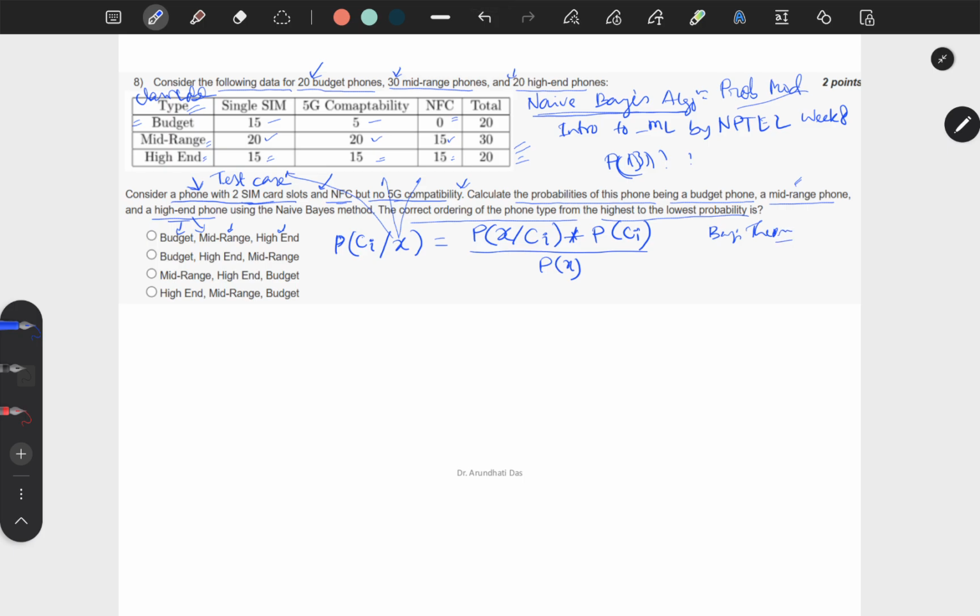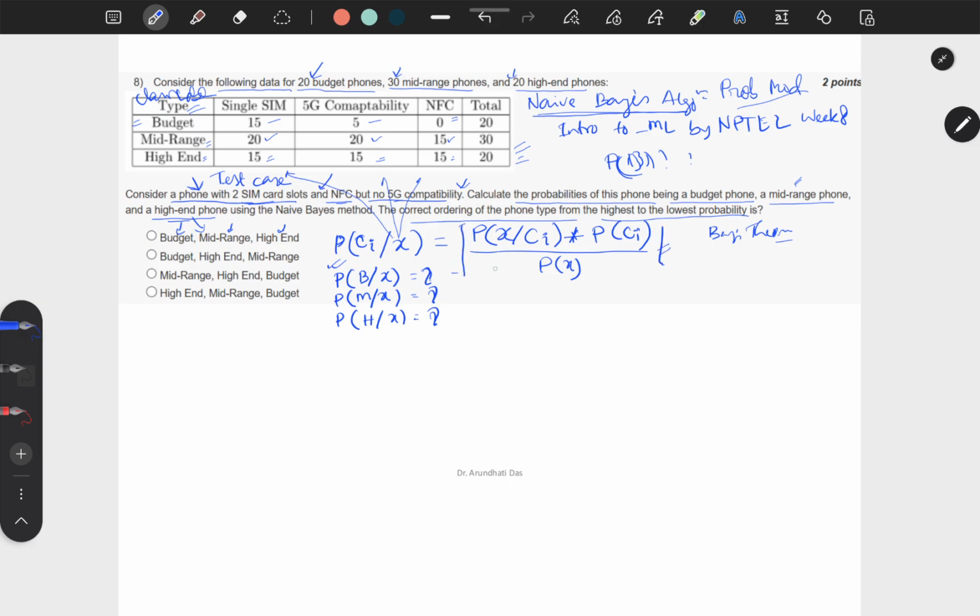Now, for each and every class level we need to find this probability value: the probability that it is a budget phone, a mid-range phone, or a high-end phone given these feature values. So we have to calculate whatever is on the right hand side.